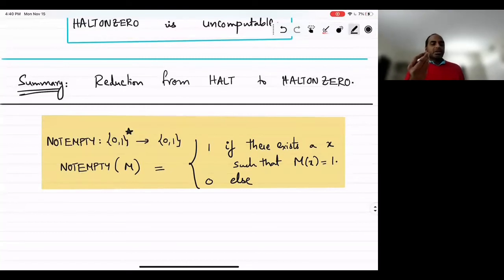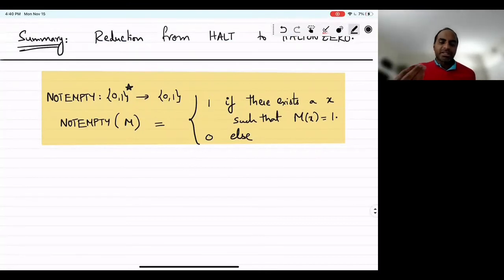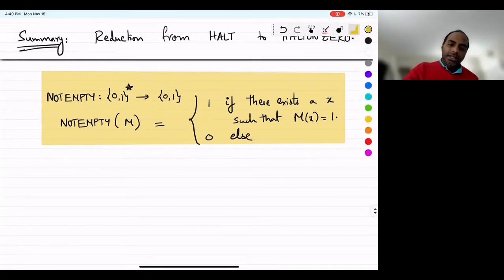Okay, so that's the definition. If there is some input x which can make my program m accept, meaning output 1, then not empty of m is 1. Otherwise, for no input, m of x evaluates to 1, then not empty of m is 0. Okay.